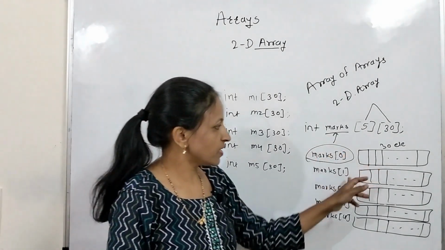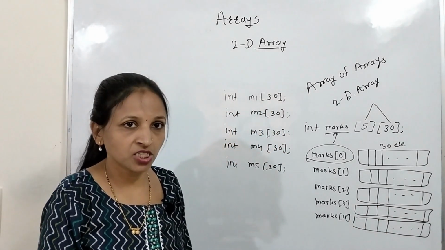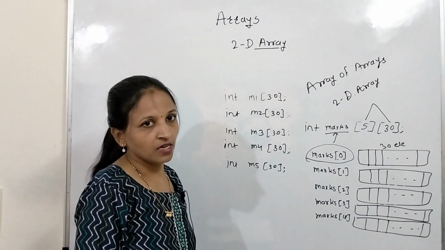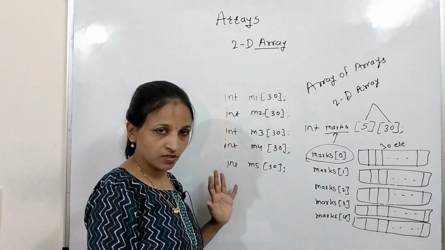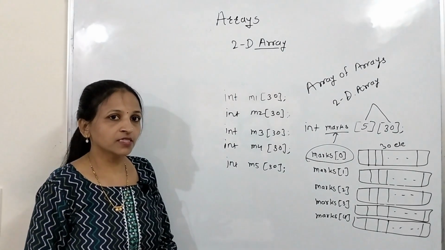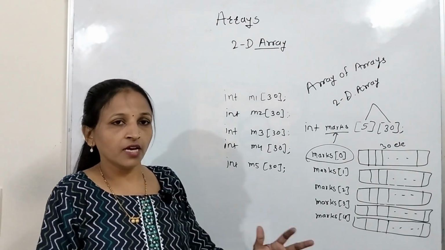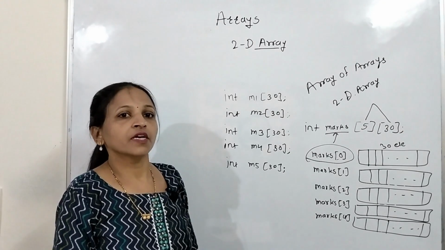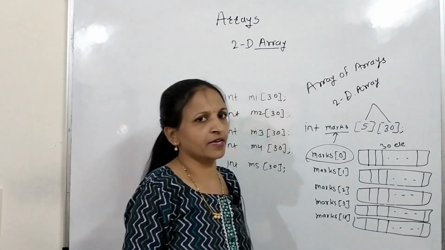Each individual array should have, say, 30 elements and all elements are of type integer, then only it is possible, because an array is a collection of homogeneous data elements having the same data type. And this concept is called a two-dimensional array.